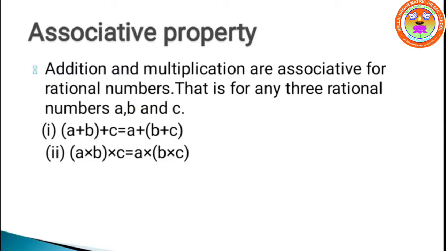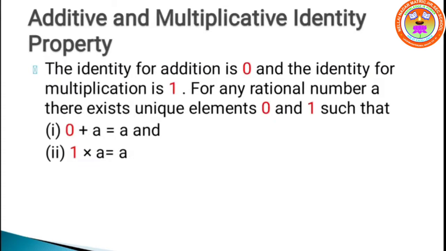Now we'll see the next property, additive and multiplicative identity property. The identity for addition is 0 and the identity for multiplication is 1.